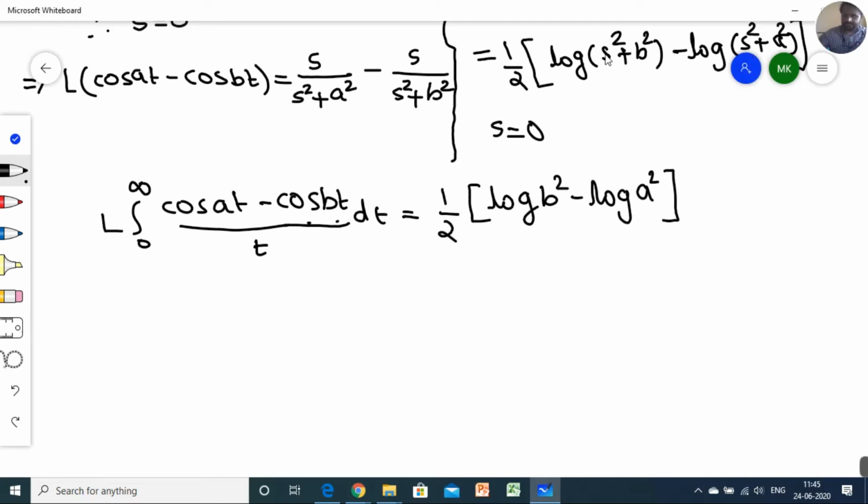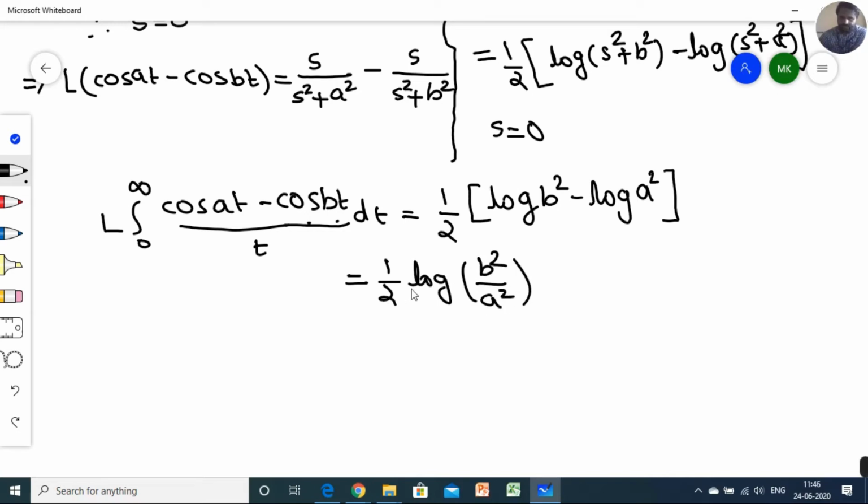So these two parts are completely out. So remaining is log of b minus log of a, which is equal to log of b by a. So 1 by 2 log of b square by a square.